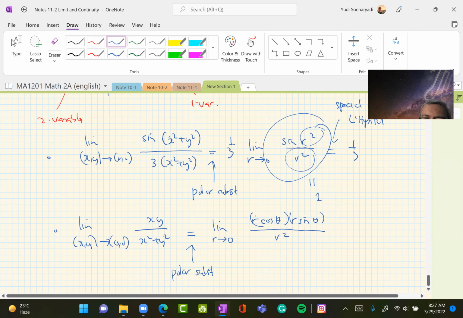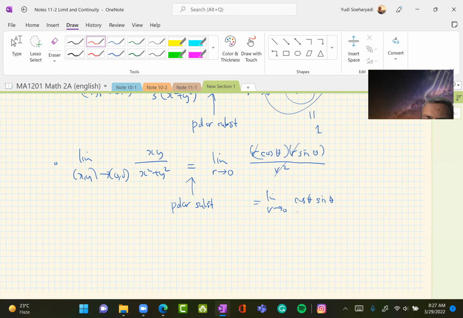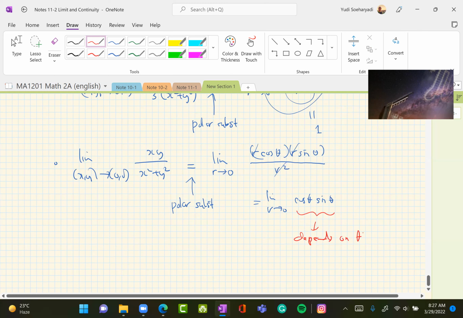So this cancels one r, and at the end you have cosine theta sine theta. However, this value pretty much depends on theta.